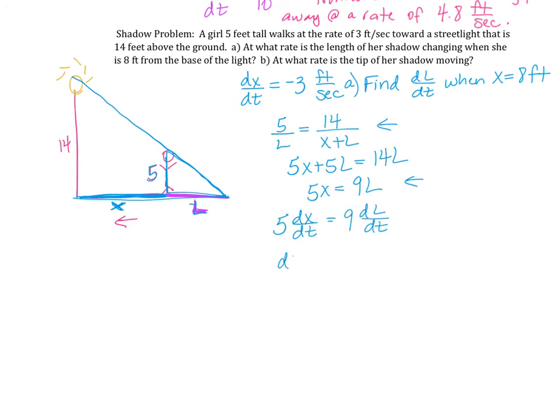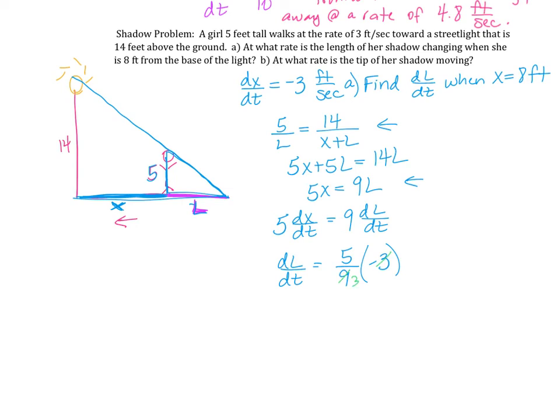So I'm looking for dL/dt. So I'm going to have 5 over 9. If I divide by 9, I'm going to multiply by dx/dt, which is negative 3. So I'll go ahead and simplify, and I'm going to get negative 5/3.